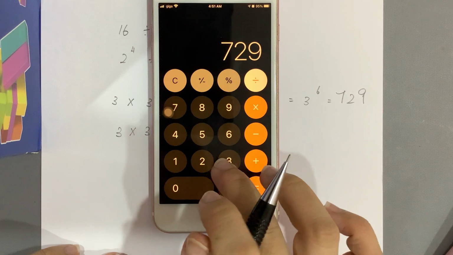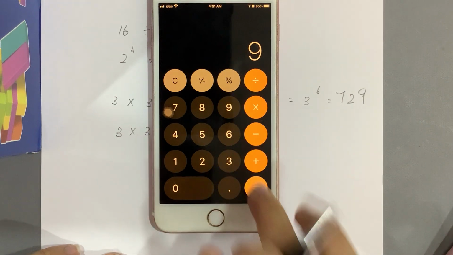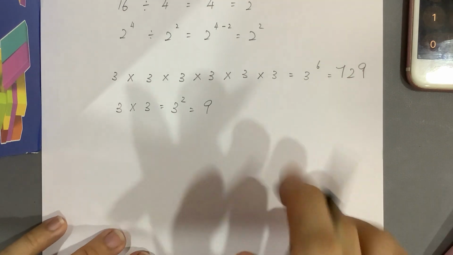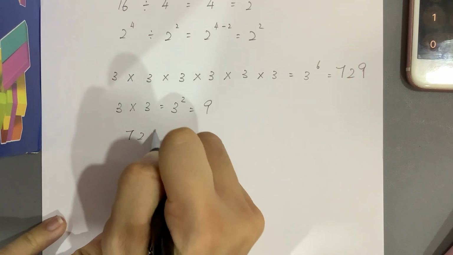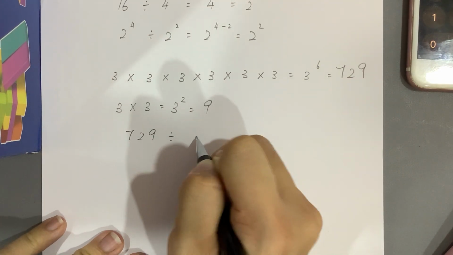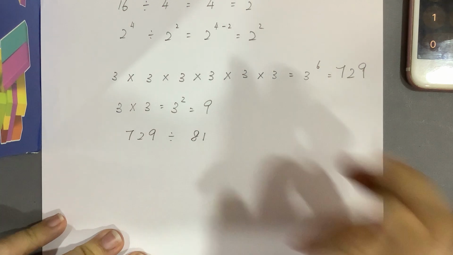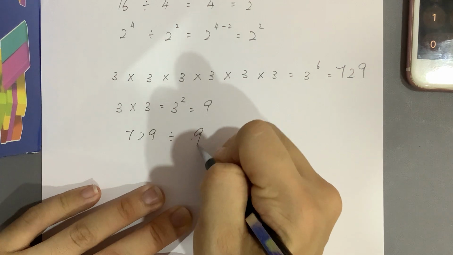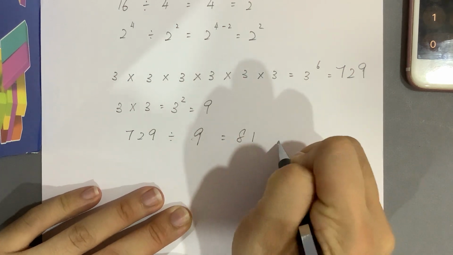So 729 divided by 9, what does it give you? 81. So we know that 729 divided by 9 gives you 81.